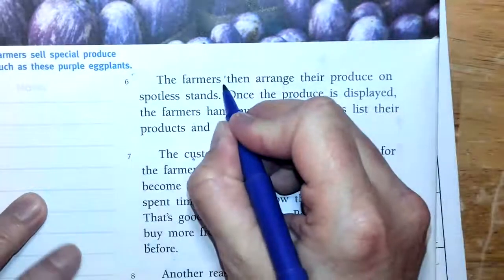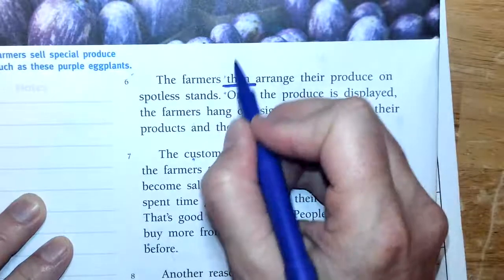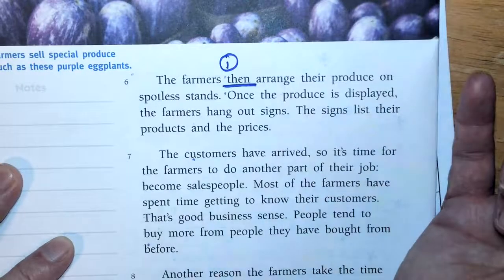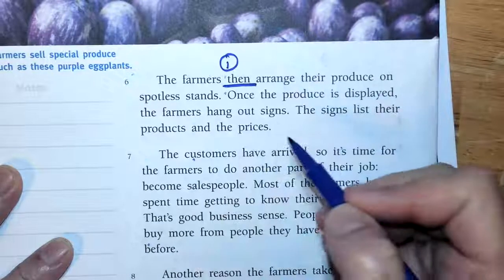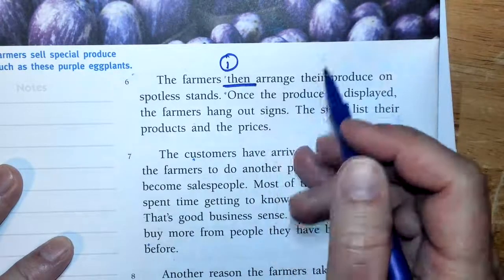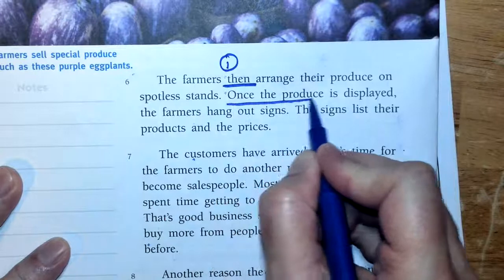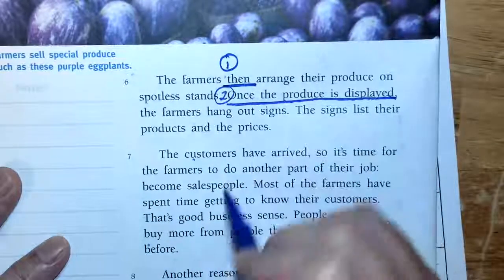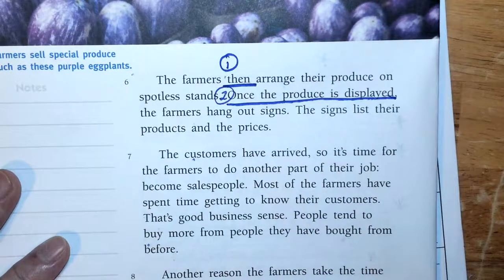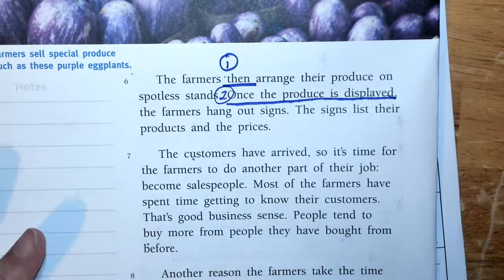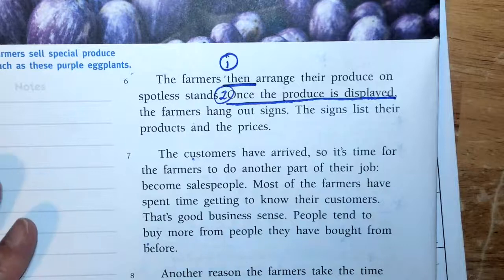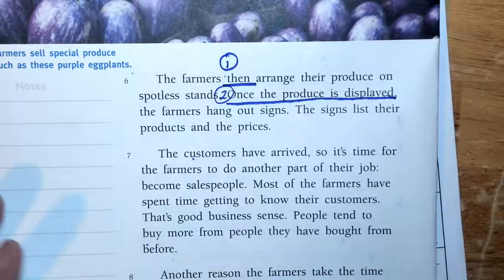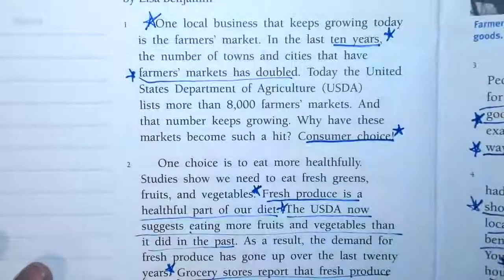This one is then. So here's going to be another sequencing, and I'm going to start it with number 1 because it's a new paragraph. And then once the produce is displayed, because that is telling us when something is happening. So in sequencing, we want to know when things are happening.